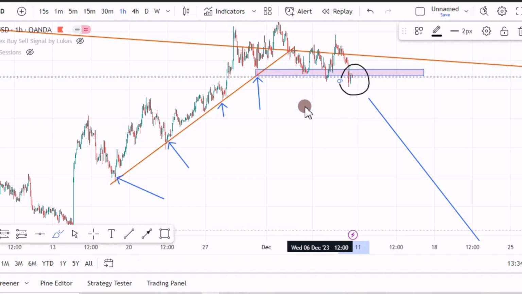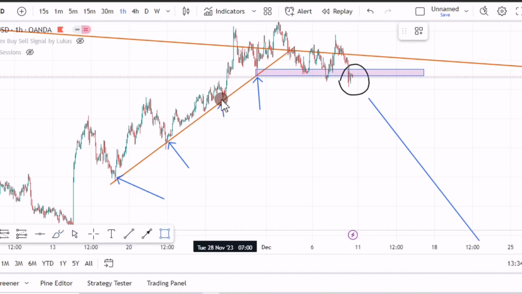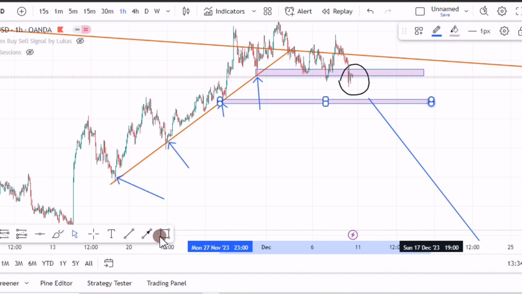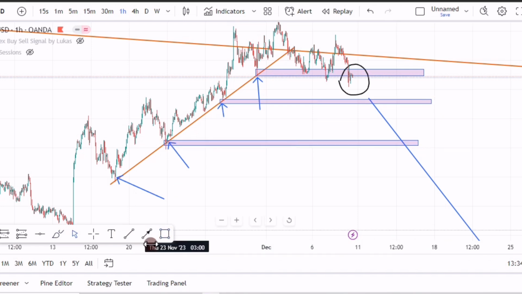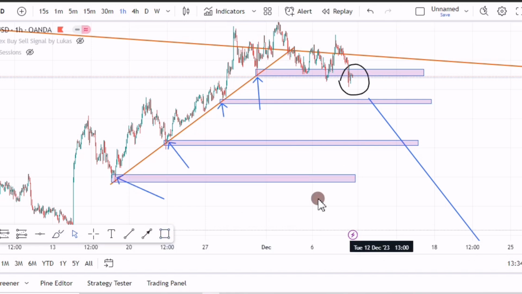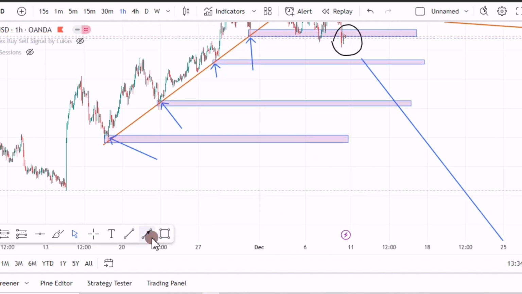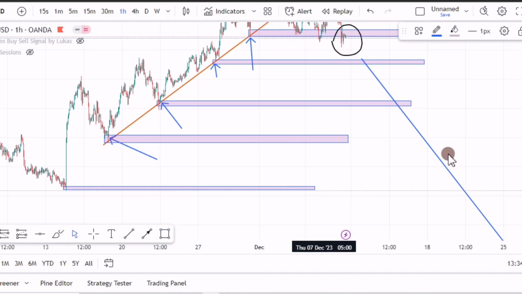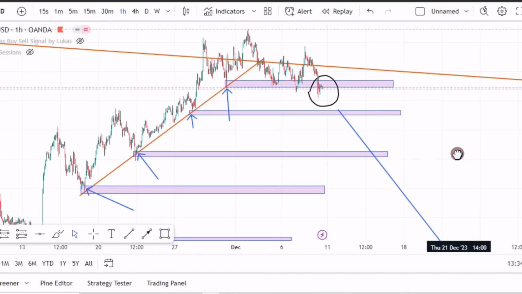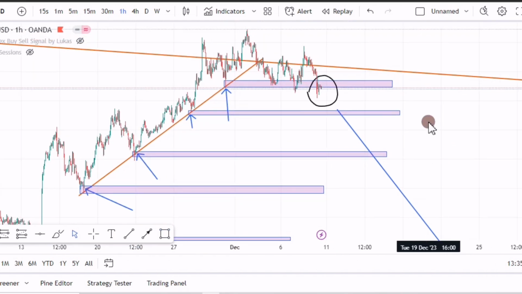Right away, you start selling, and that's your first TP. That's your second TP. That's your third TP, and so on and so forth. That's your other take profit. So that's how you're supposed to look for trades on NZDUSD.